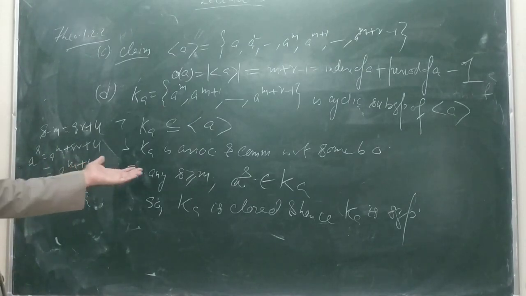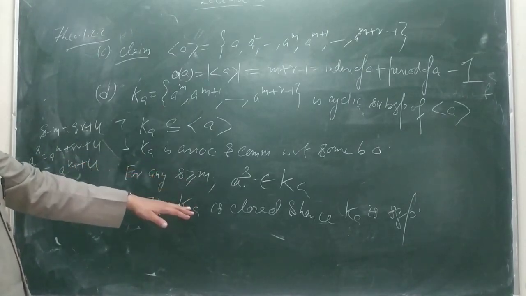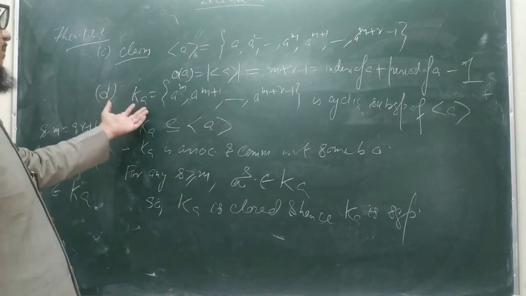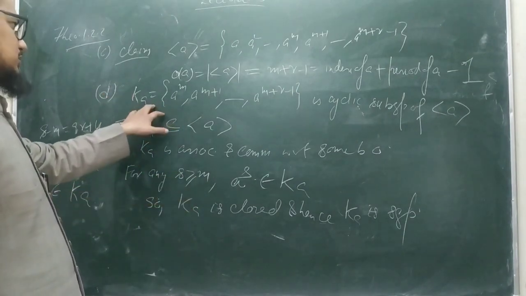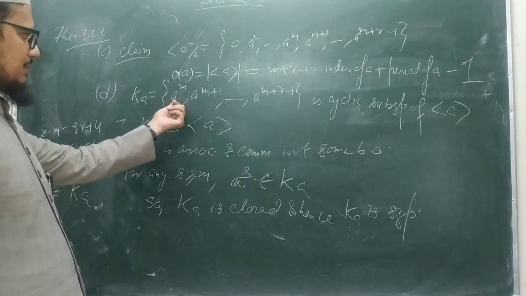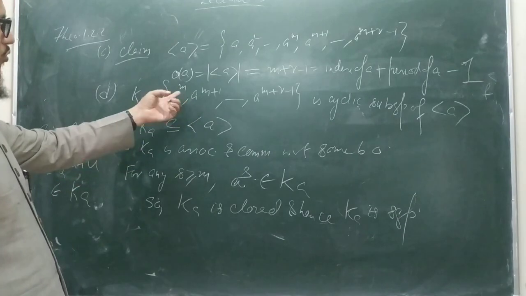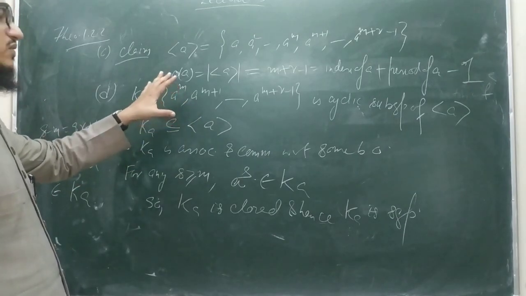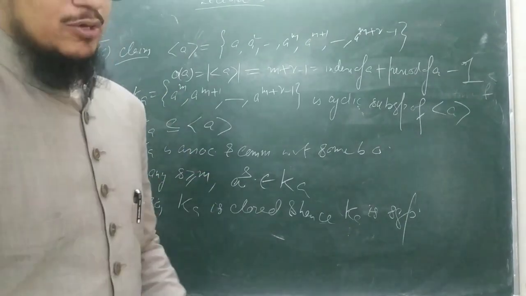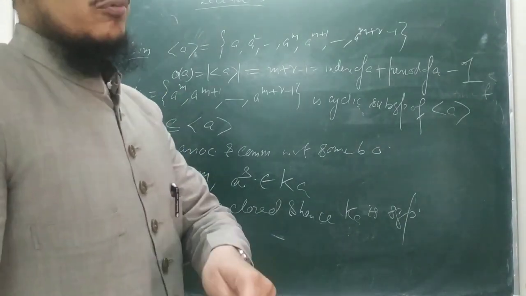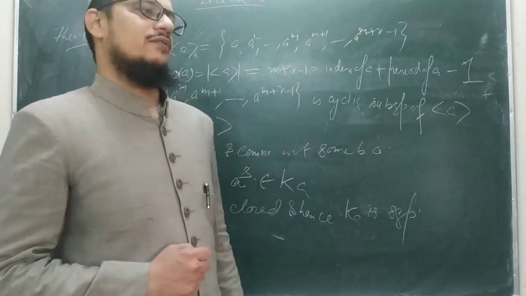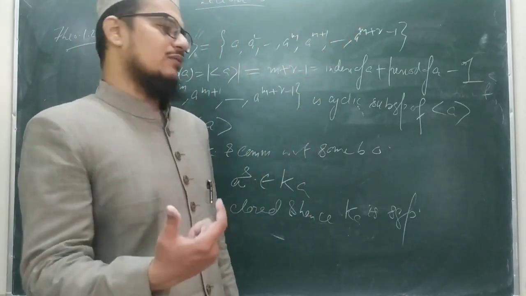So K is associative, and we have seen that K is closed by applying the division algorithm. For any s greater than or equal to m, the element again goes in the same set. It means that if you multiply any two elements, the result will again go in K. It means K is closed, so K is a semigroup. Now, in order to prove a semigroup is a group, what do we have to prove? We have to prove existence of identity as well as existence of inverse, or we prove the equivalent conditions.